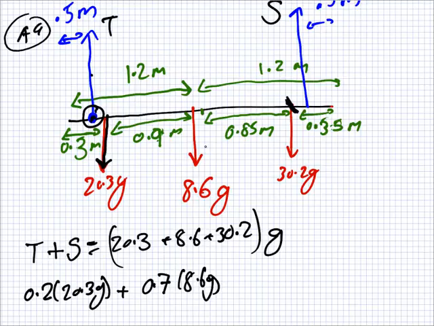Oh yeah, 0.9 plus 0.85 is 1.75 plus 1.95. But that 8.6 is at the half. Yeah. And the two T and S are placed 0.5 from the ends. So what's left in between is 1.4.